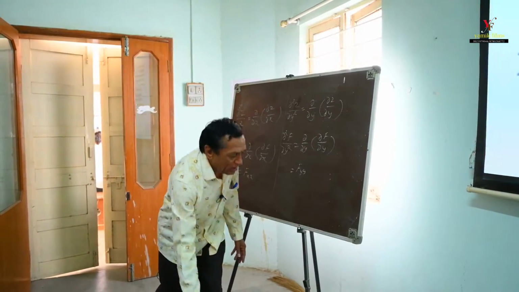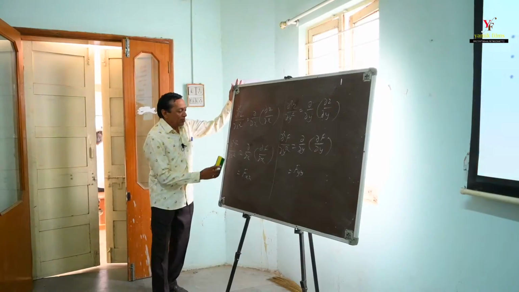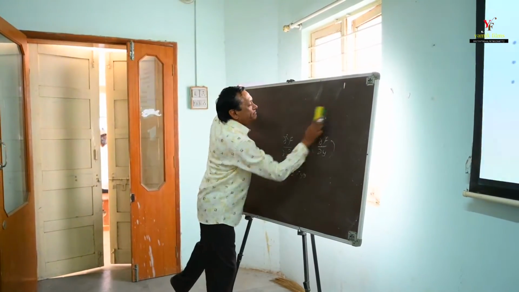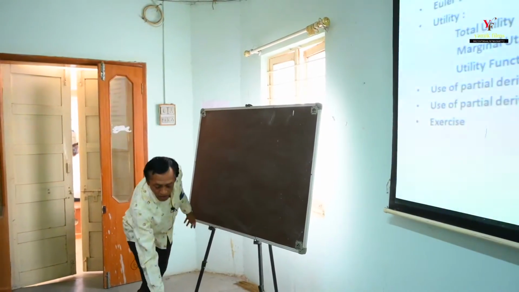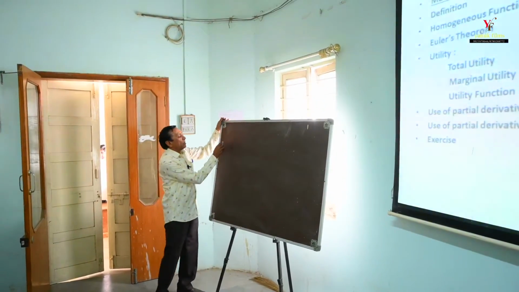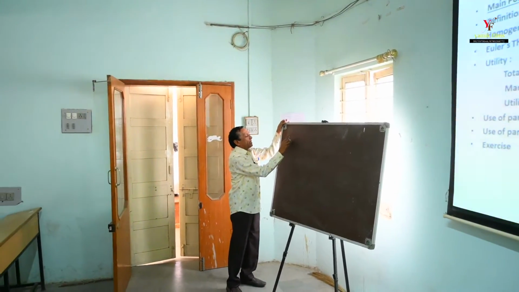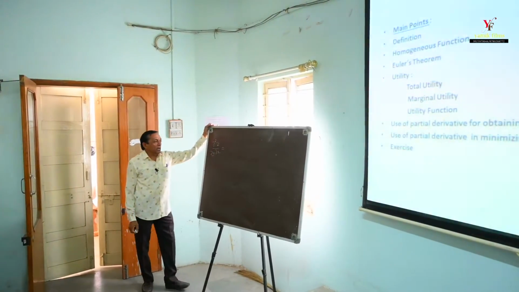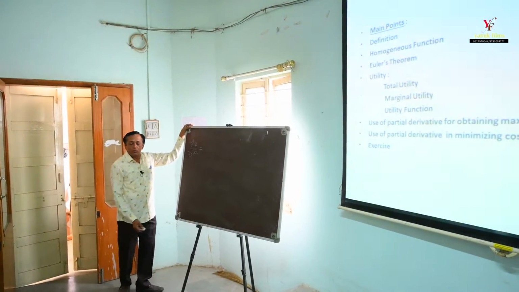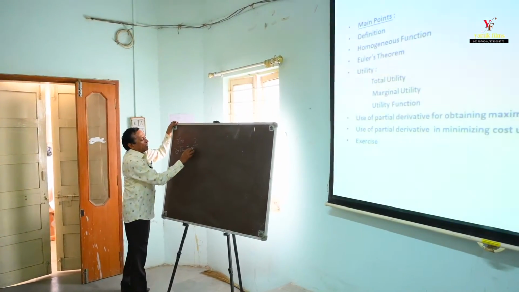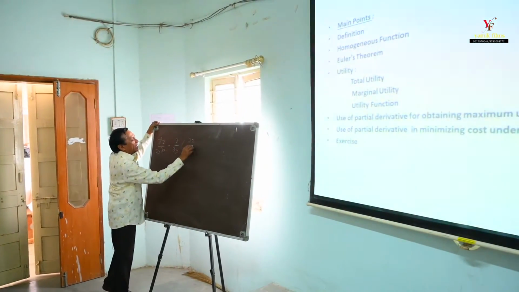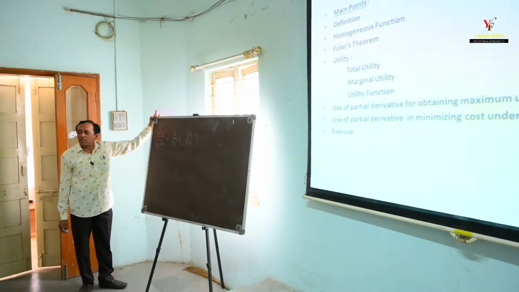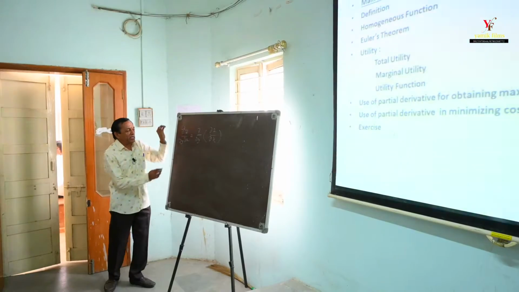In the same way, we also obtain the combined partial derivative, delta square z by delta y delta x. We can obtain it using the formula delta by delta y of delta z by delta x. This is the second partial combined derivative.